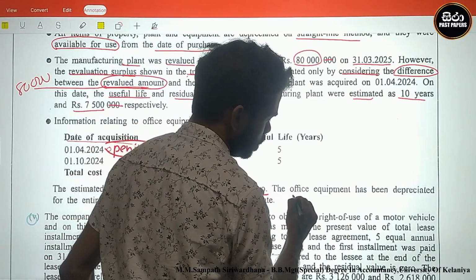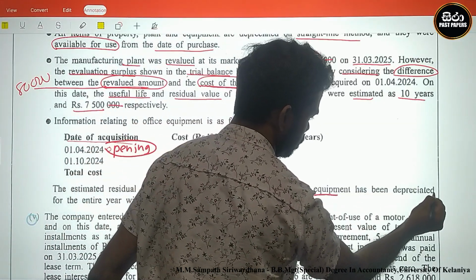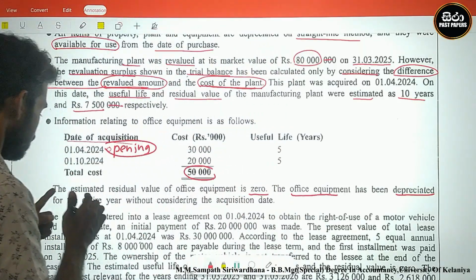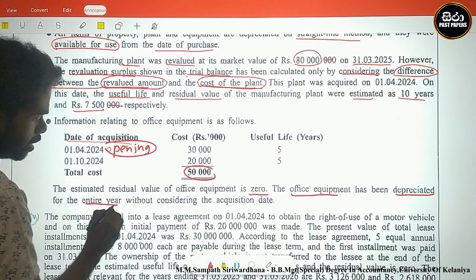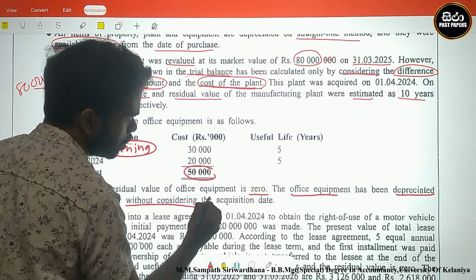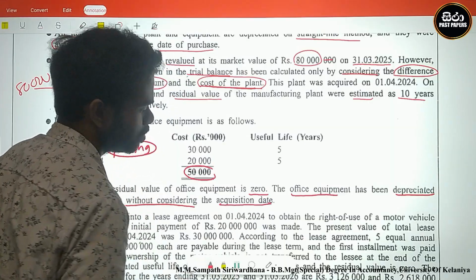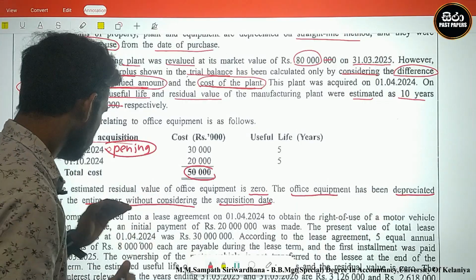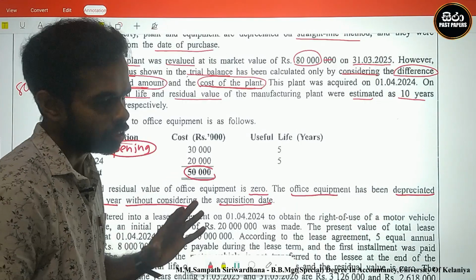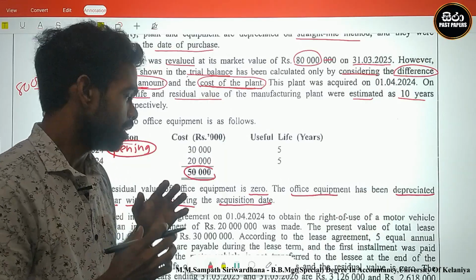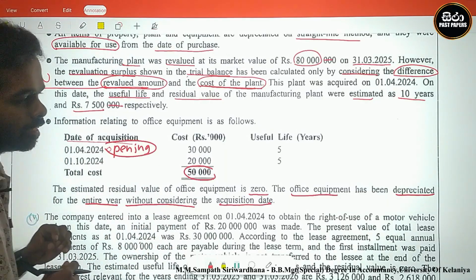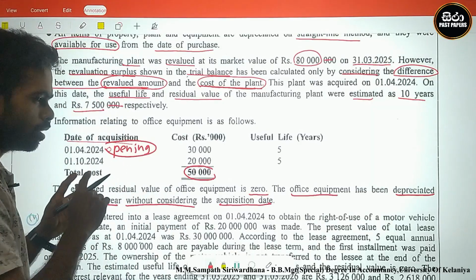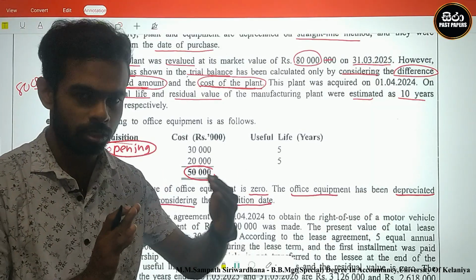Next, the office equipment has been depreciated for the entire year without considering the acquisition date. You know, there are several acquisition dates, and based on those we must calculate the annual depreciation for some months or some years.